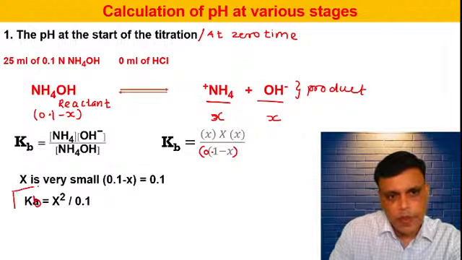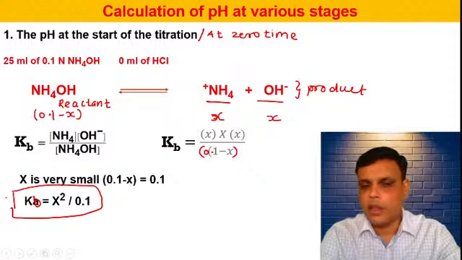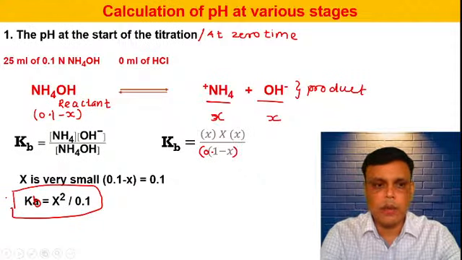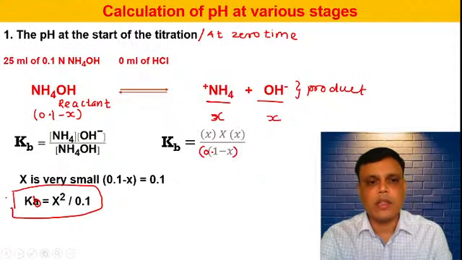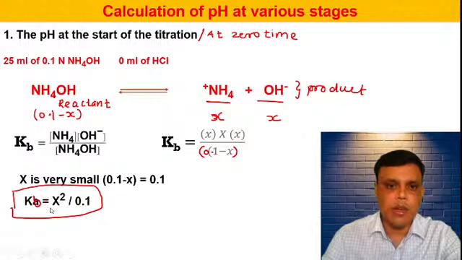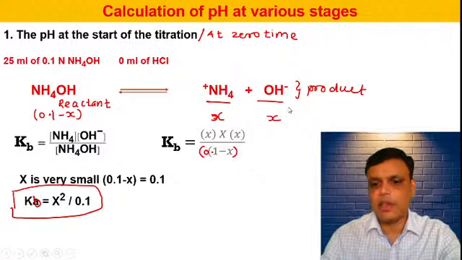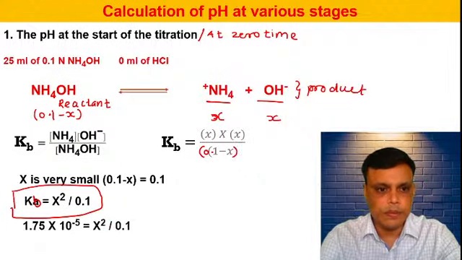This is your equation of the dissociation constant of base. Now Kb is given to you. If you know the Kb, then you can calculate x square, and from that x square you can calculate x, and x is nothing but the concentration of OH minus ion. Okay, so we will calculate that.